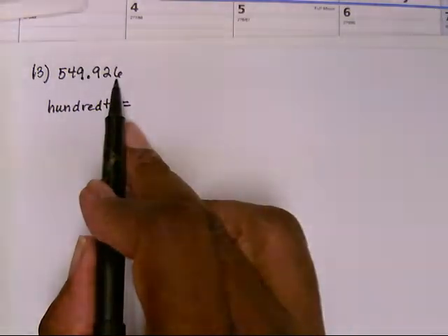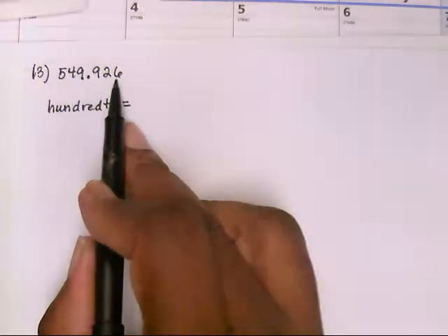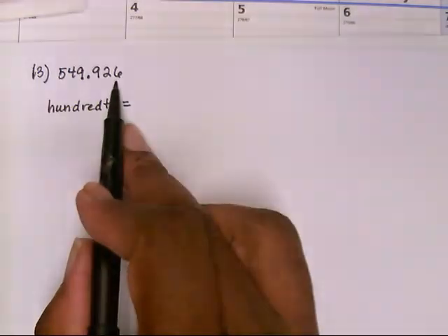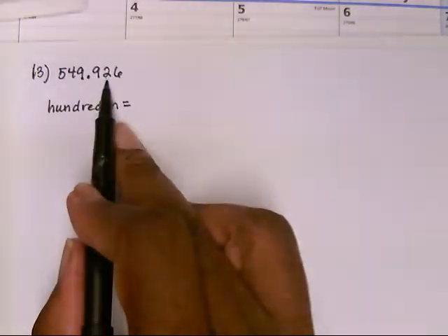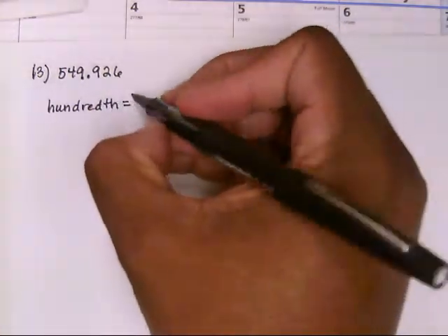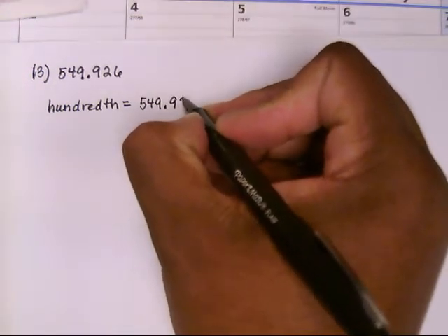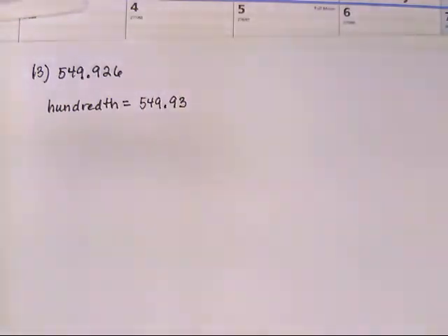We round up if it's 5 or greater. We keep it as it is if it's less than 5. In this case, that digit is bigger than 5. So we round the 2 up to a 3. So it'll be 549.93. And we drop off the numbers that are immediately after the place value that we're rounding off to. So to the nearest hundredth, it'll be 549.93.